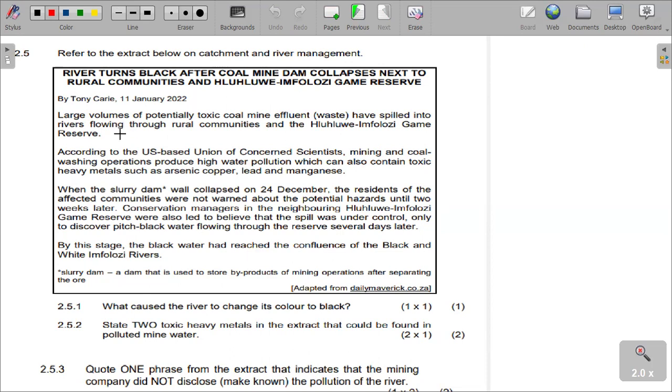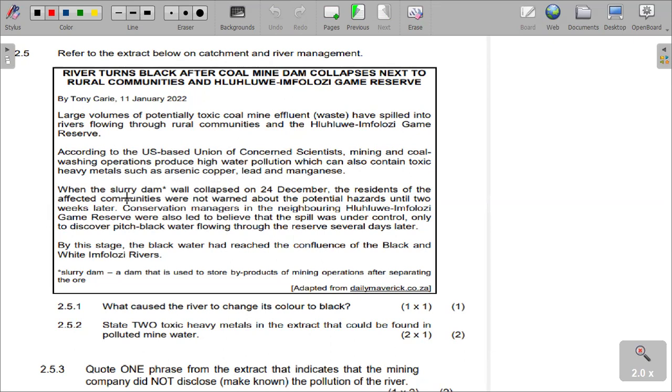The article says that large volumes of potentially toxic coal mine waste have spilled into a river flowing through rural communities and the Umfolozi Game Reserve. According to the US-based Union of Concerned Scientists, mining and coal washing operations produce highly polluted water, which can contain toxic heavy metals such as arsenic, copper, lead, and manganese.